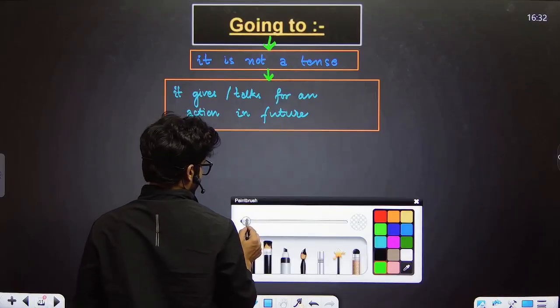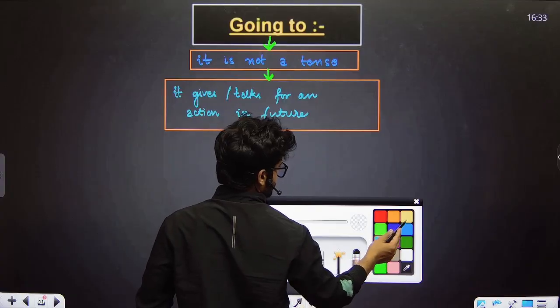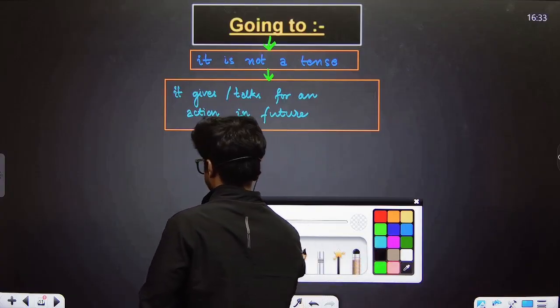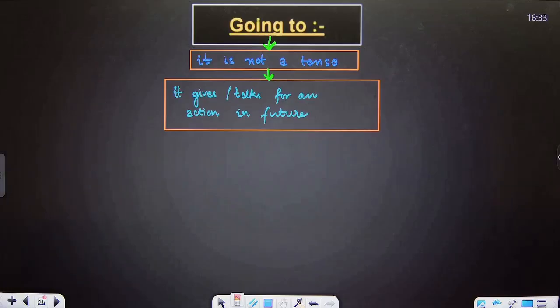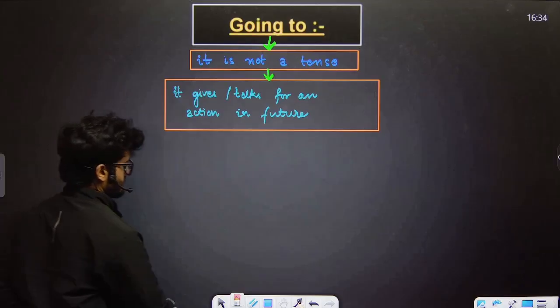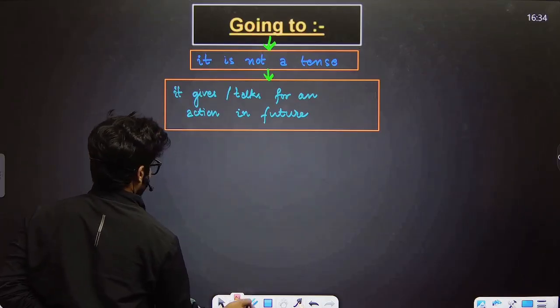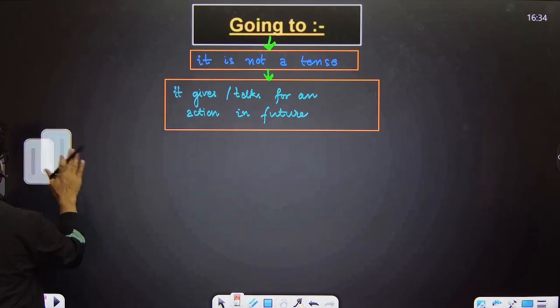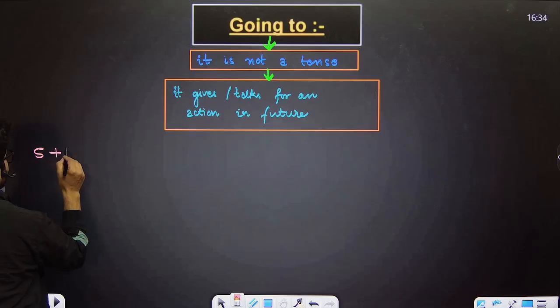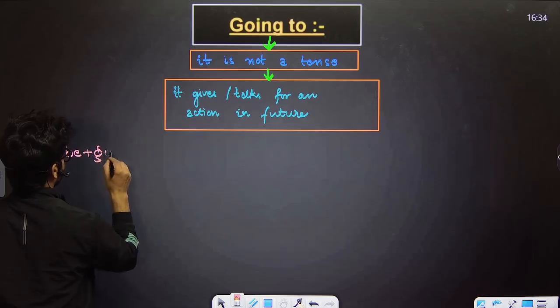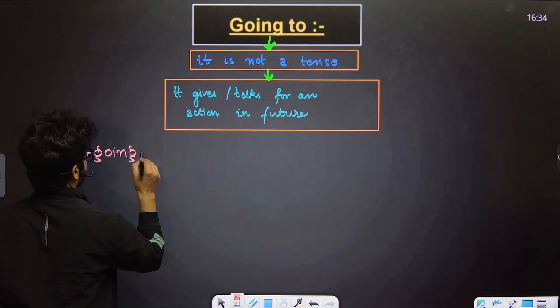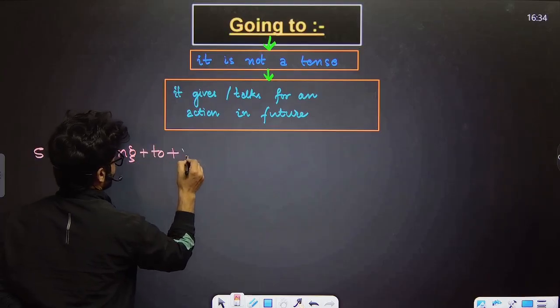Now we'll write the structure for it. Structure you can write: subject be going to verb 1.